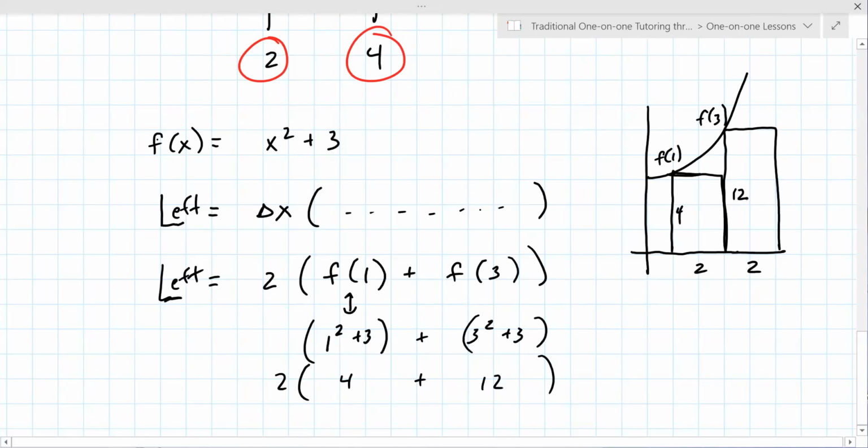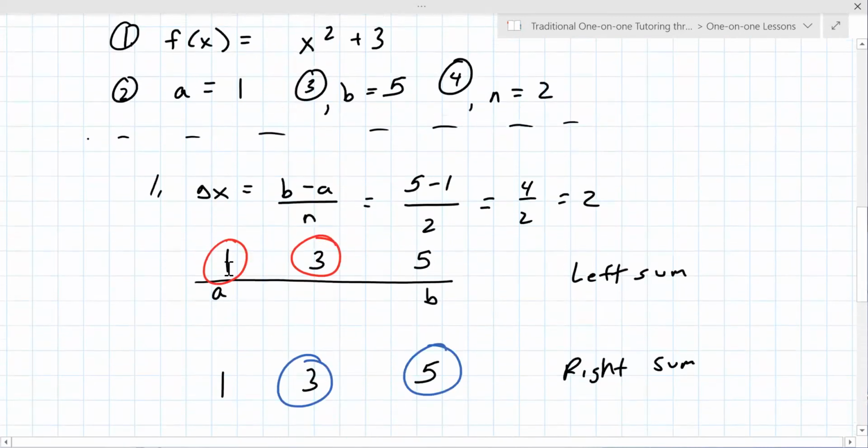So the 1 squared, that's the f of x. But the 1 comes from where? Because we said 1 is the left endpoint. We were given that. 5 is the right endpoint. And because we're doing a left sum, we're using 1 and 3. How did we figure out 3?